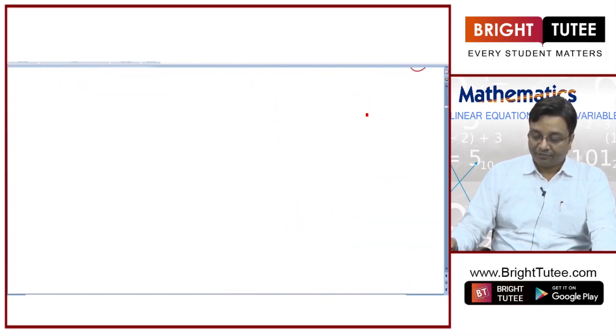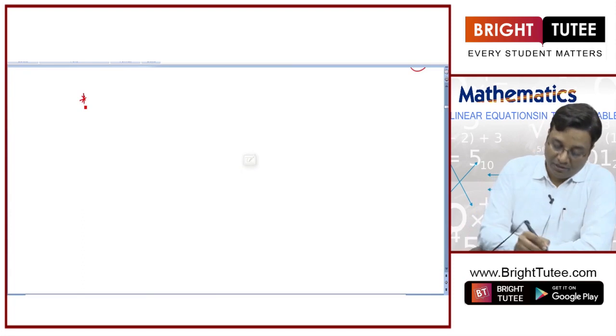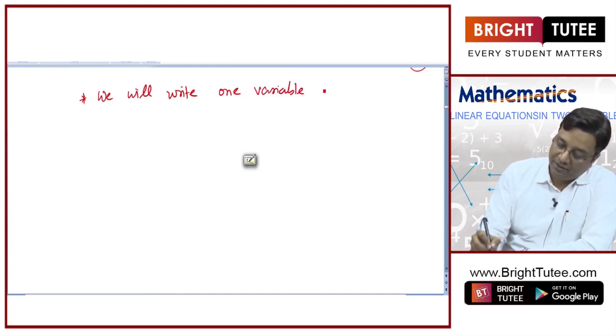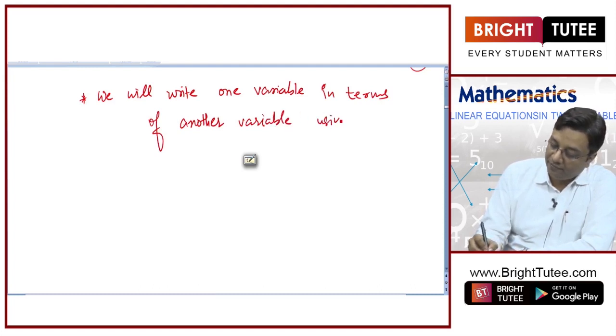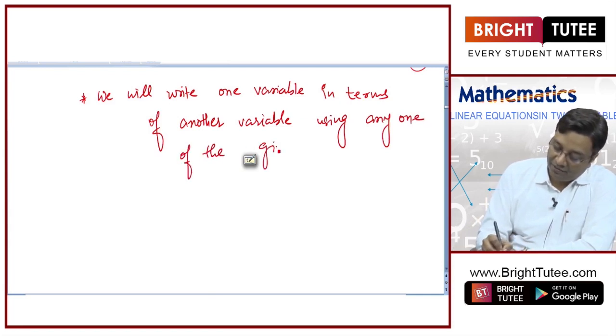Okay, so in method of substitution, what we are supposed to do, we will write one variable in terms of another variable using any one of the given equations.